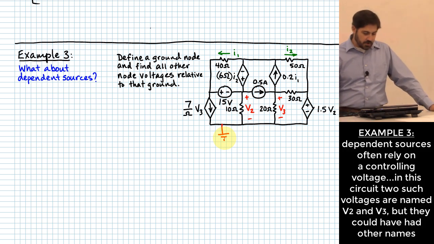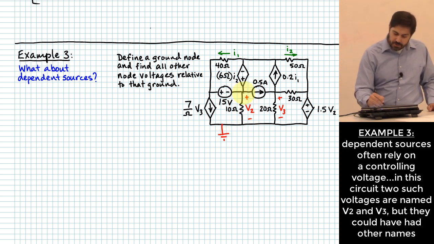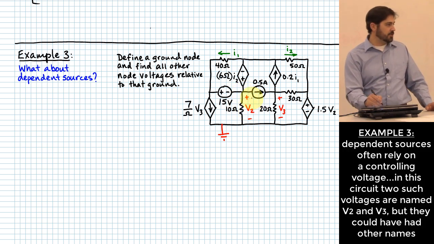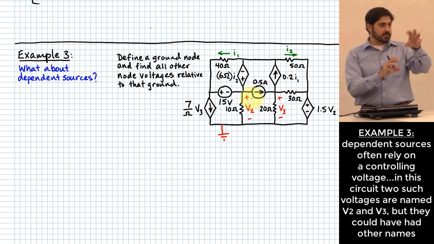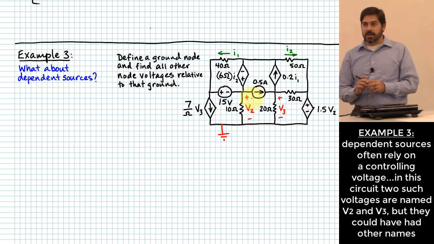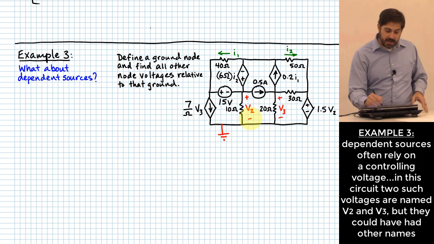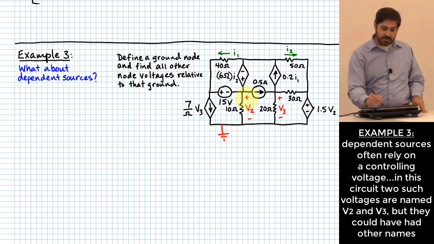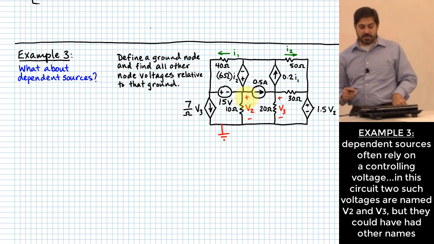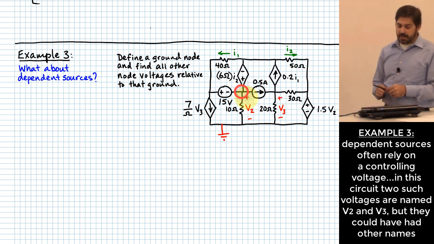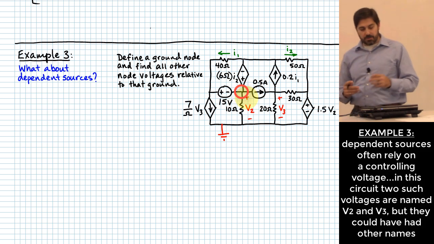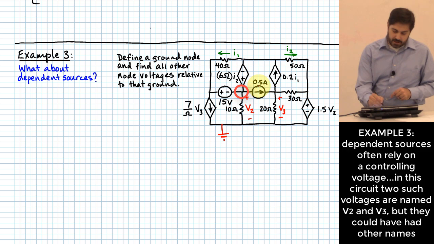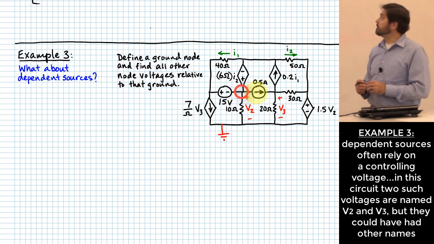So what I essentially did was show the voltage at that middle node as being V2, but with the traditional plus and minus symbol. It's not different, though, because the minus is oriented where the ground is, so that's the same as defining V2 as that little crossroads between the 10 ohm resistor, the 15 volt dependent voltage source up top, and the 0.5 amp current source.